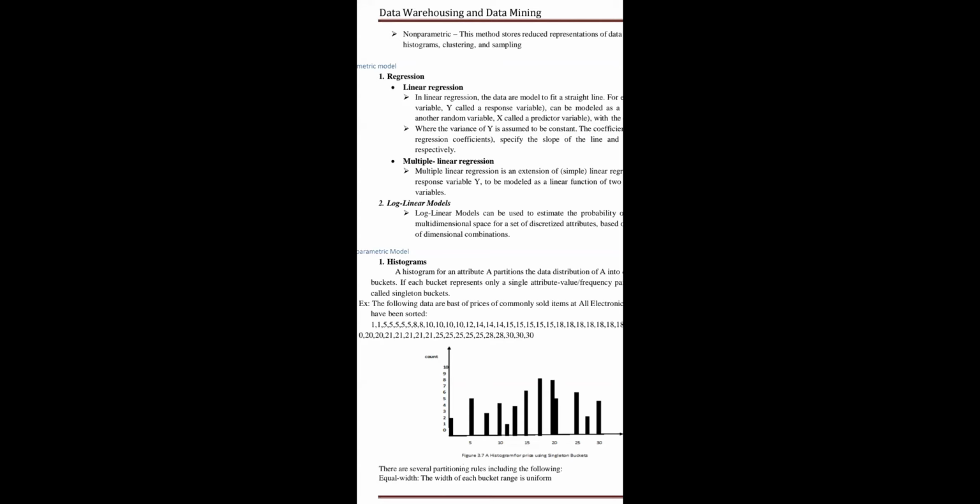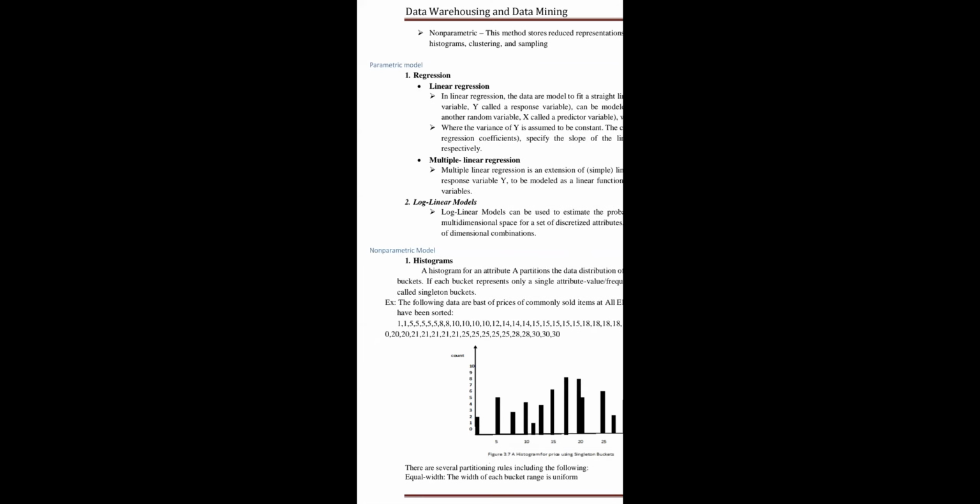For example, father to child is one linear regression. Child to father and mother, that is, depending on more than one variable, is called multiple linear regression. Then there are log-linear models. These are things we have to discuss.